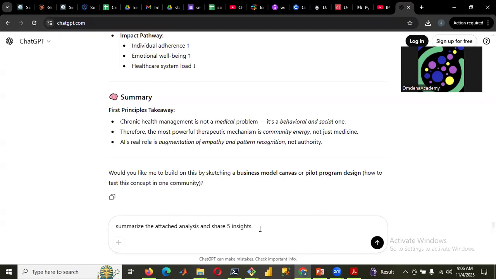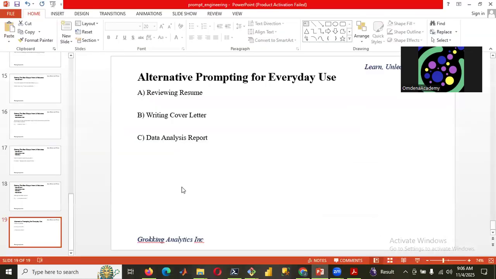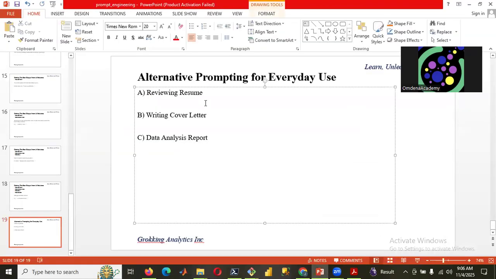You can use this prompt, and then what you see is that it will do that for you easily. Okay, that is for the data analysis part, right? So you can use this prompt here. I'm going to share this slide with you guys so you don't have issue.